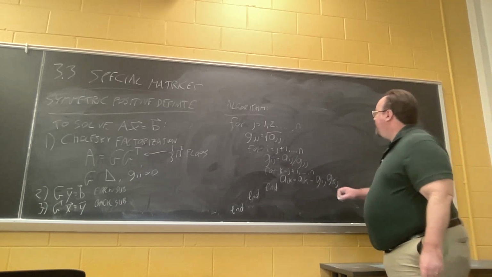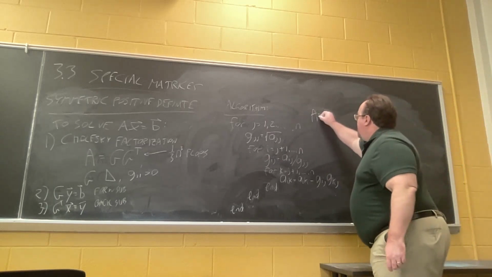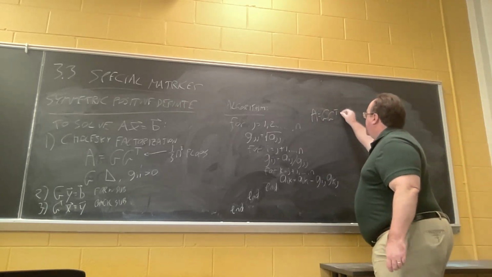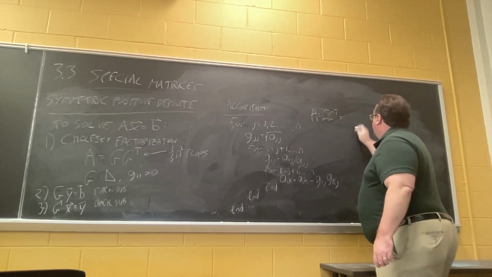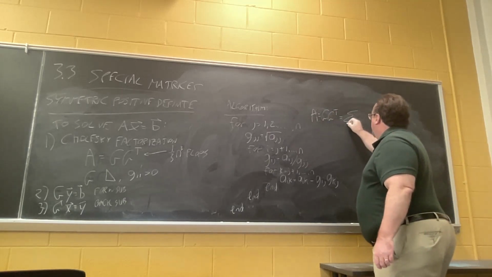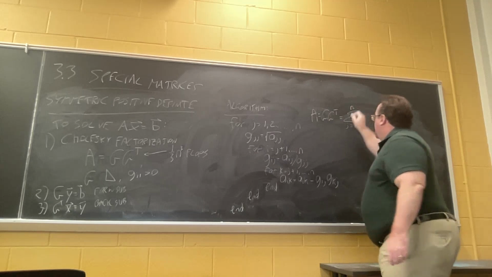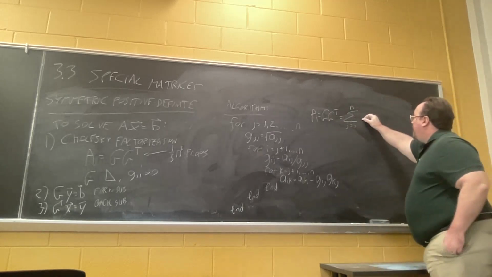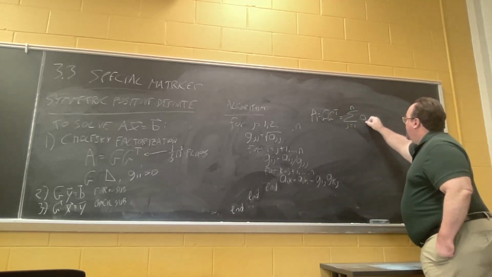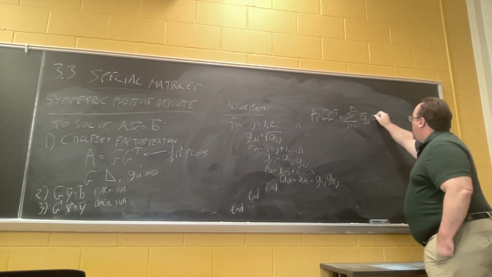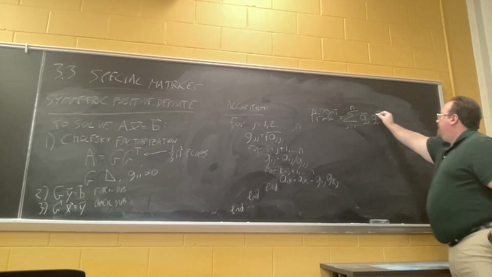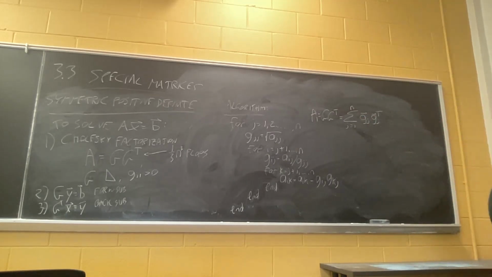I should mention what's happening here. If A is equal to GG transpose, that's the same as a sum of what are called outer products. So vector Gj, a column vector, times its own transpose.